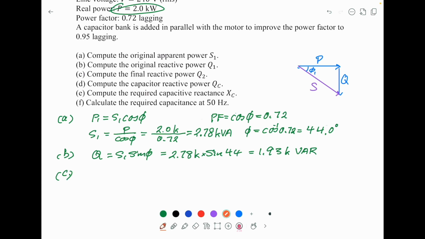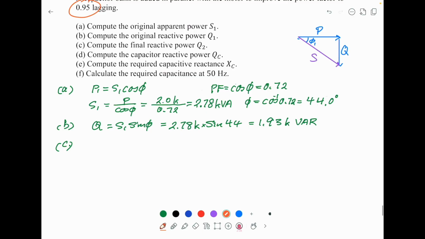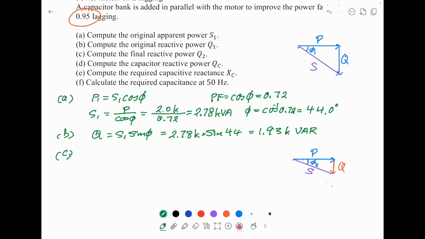And the question says it wants to improve the power factor from 0.72 to 0.95. So what it means is to reduce the angle. So let's look at it. We want the cosine phi 2, the new power factor, equal to 0.95. So it is equal to 18.2 degrees.